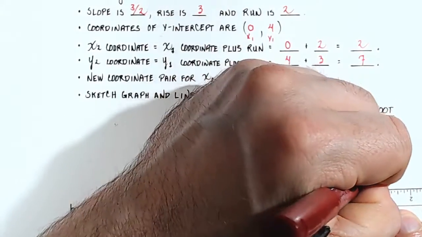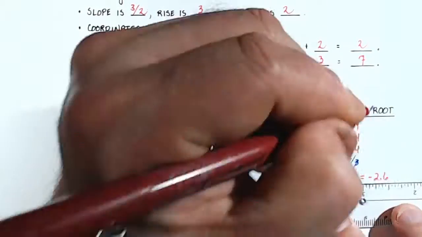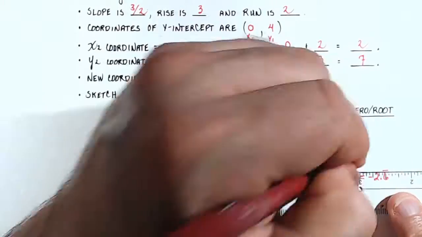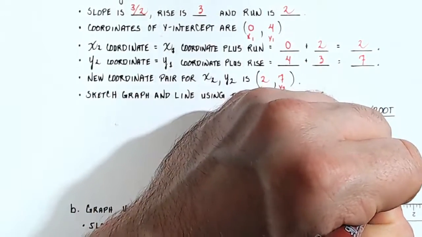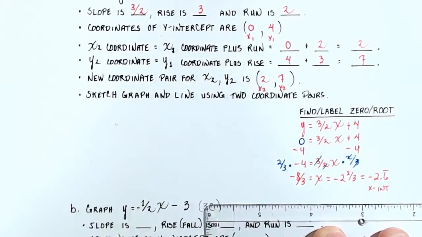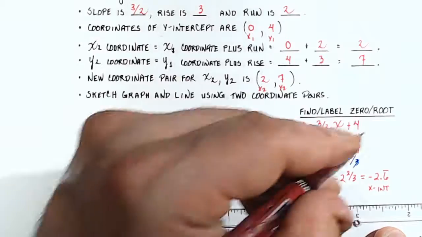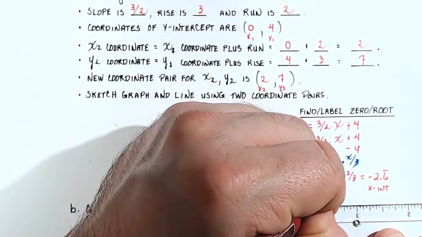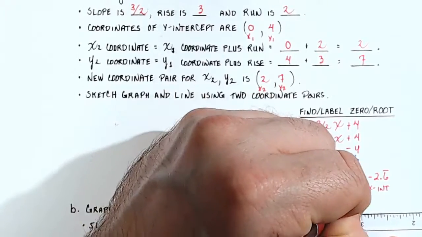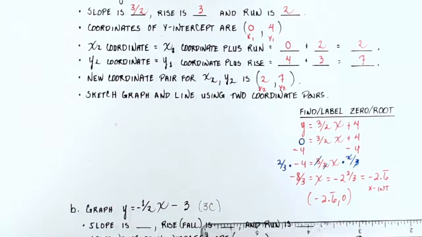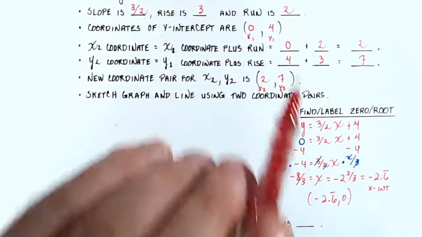And as a decimal, that is negative 2.6 repeating. Okay, so this is the x-intercept, or the 0 or the root. The coordinates would be negative 2.6 repeating, comma 0, because wherever the x-intercept is, y is 0. Wherever the y-intercept is, x is 0.